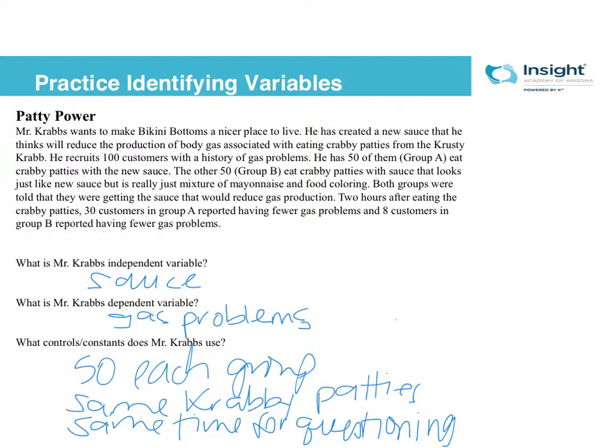Let's see, same color sauce. Try to make it so that people don't know they're in the experimental group. All sorts of things that he's doing here in order to make it so that the only thing he's testing is, do they have the new sauce or the old sauce?